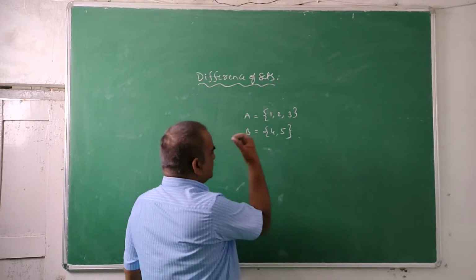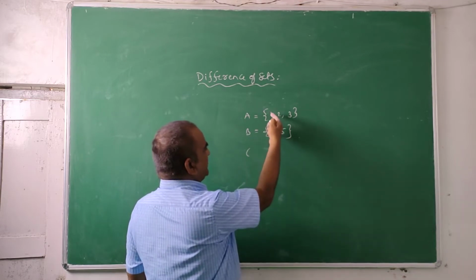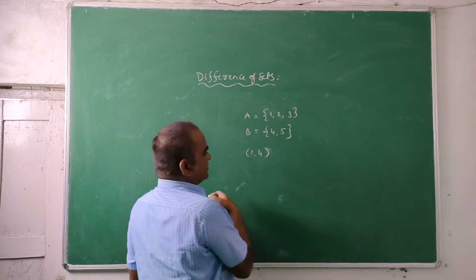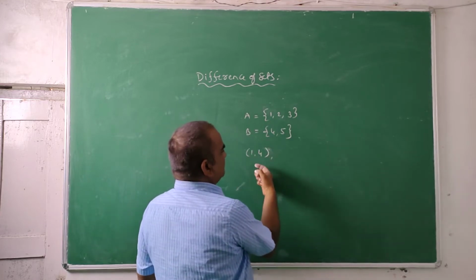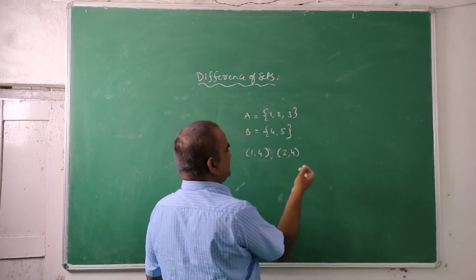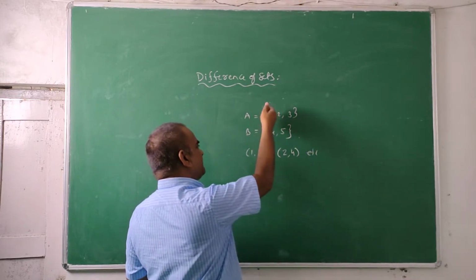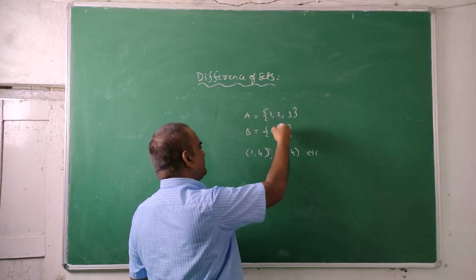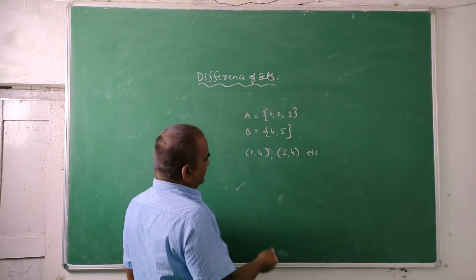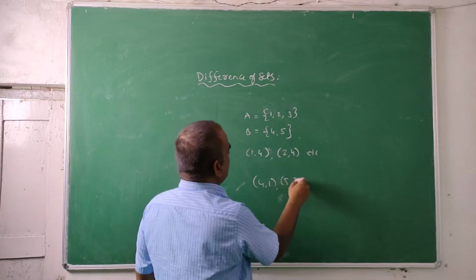Now, if you pick up some ordered pairs, so you take an element from set A, one element from set B, and you put them in order. So this is an ordered pair. Similarly, 2, 4 is an ordered pair, like that, etc. All are ordered pairs. It is not necessary to take the first element from set A and the second element from set B. You can even take the first element from set B and the second element from set A. Those are also ordered pairs. 4, 1, 5, 2, these are also ordered pairs.